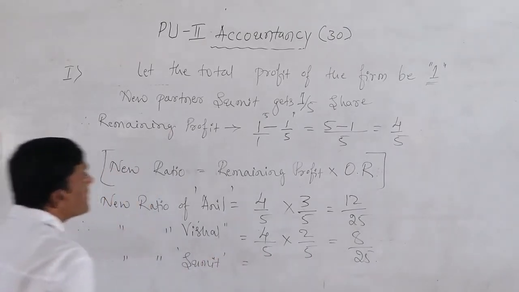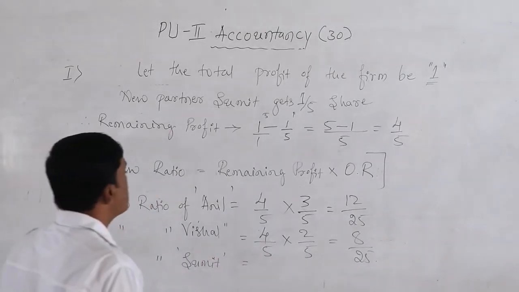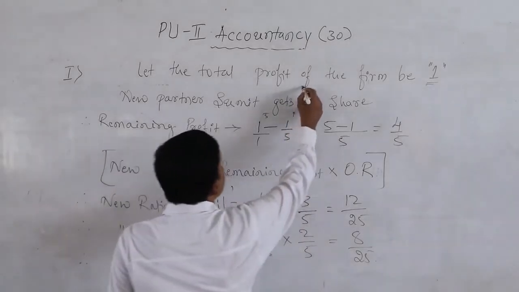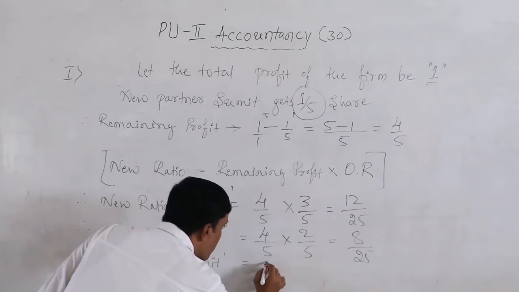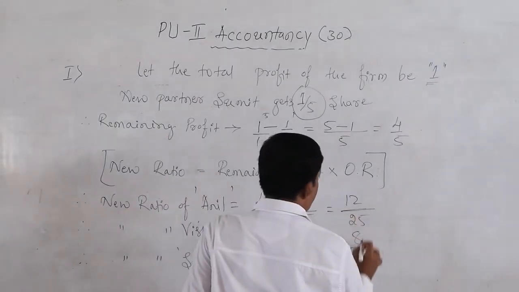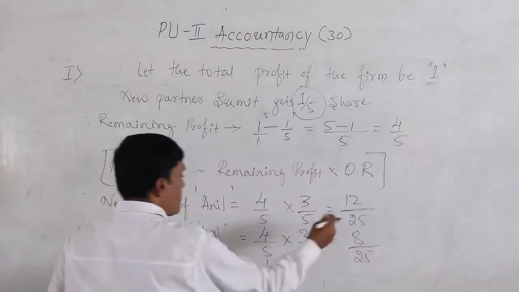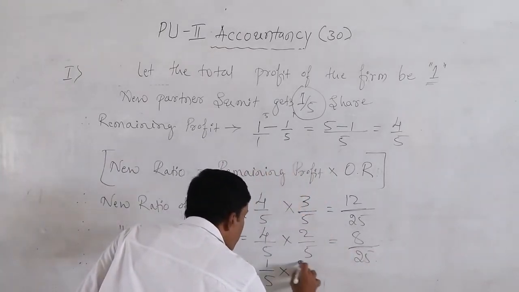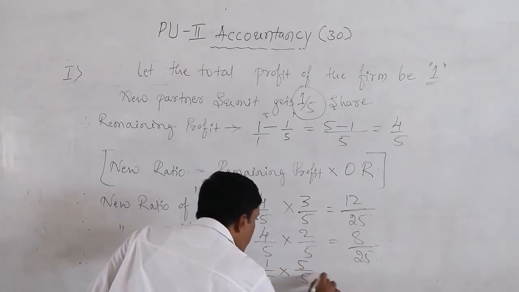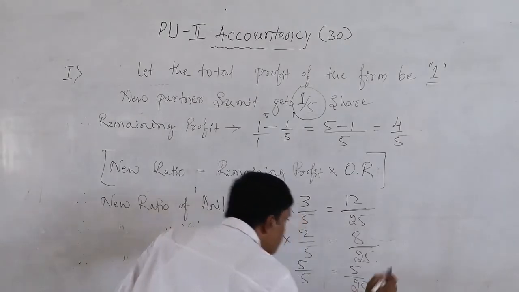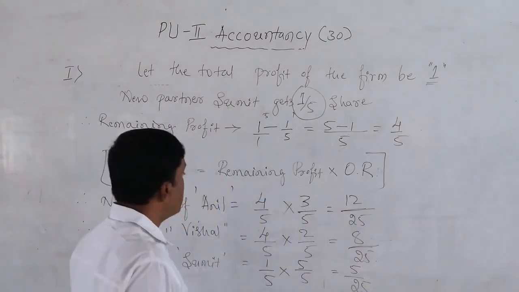Because he is the new partner, they mentioned his new ratio, so that is 1 by 5. But in these fractions the denominator is 25, so we need to convert this 5 into 25. So 5 by 5 will get 5 by 25. Okay.